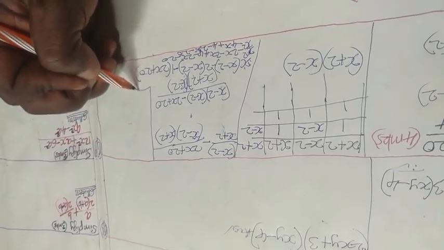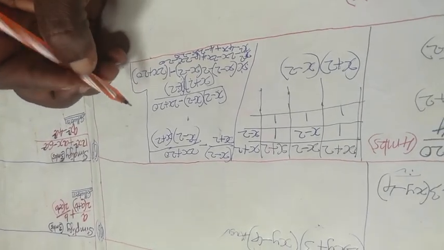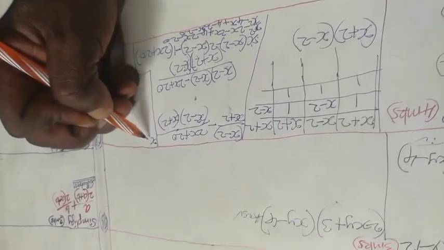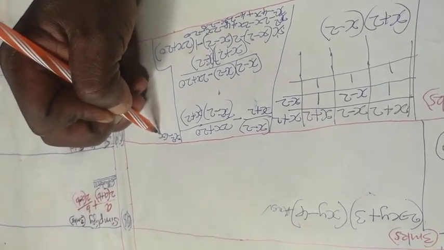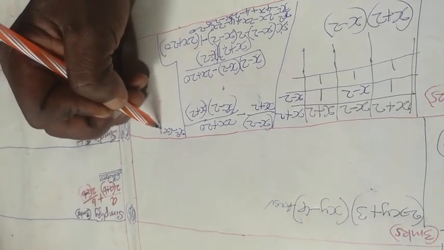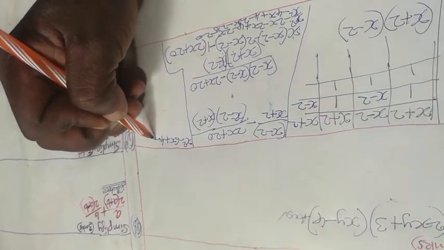This will further give us x squared minus 6x plus 4 minus 20.